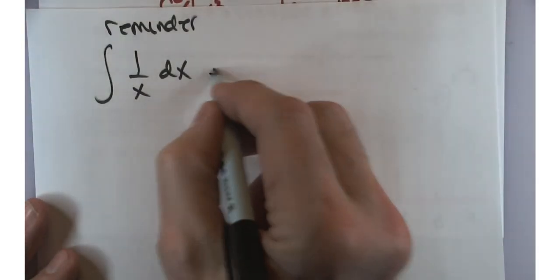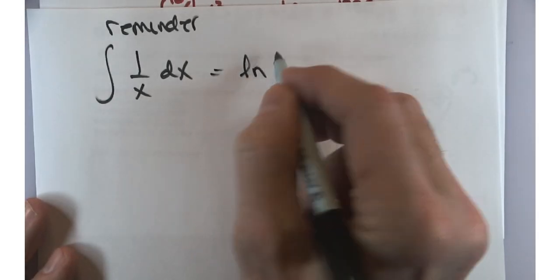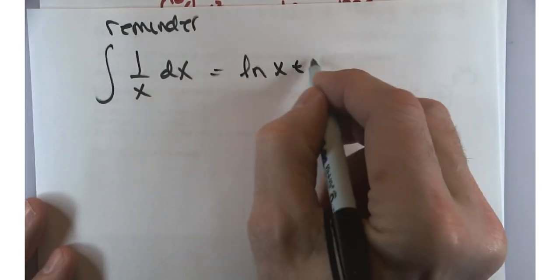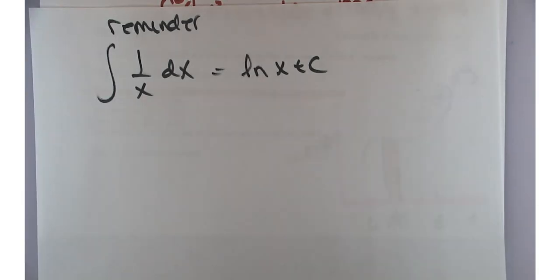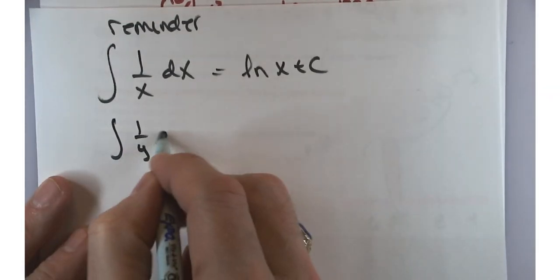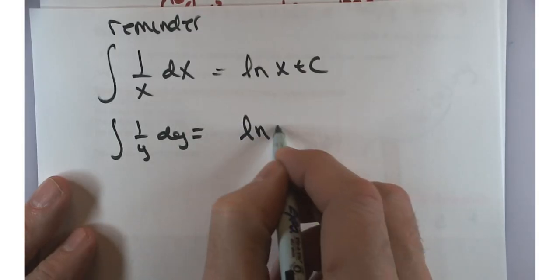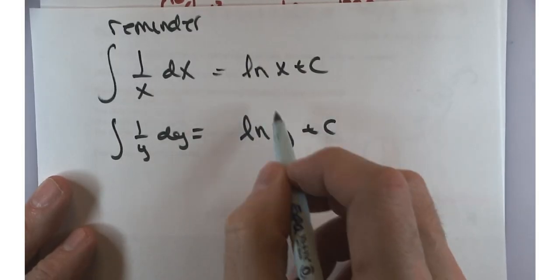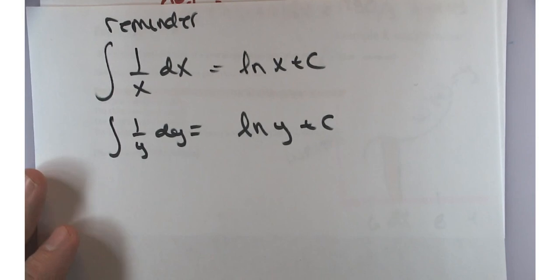Yeah, ln of x, plus that c. Let's not forget about the c. But instead of integrating something mundane like this, you could integrate other things like 1 over y, dy would be kind of similar, ln of y plus c. And technically, I think I should be putting in absolute values there. I'm just not really good at doing that.